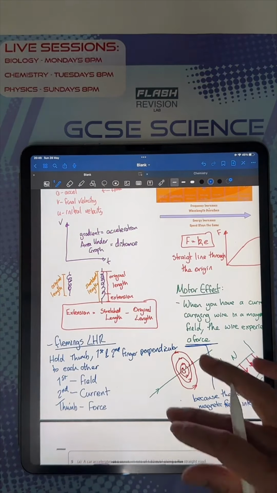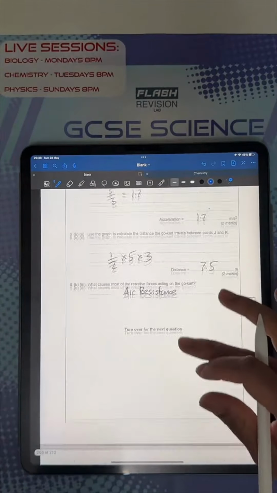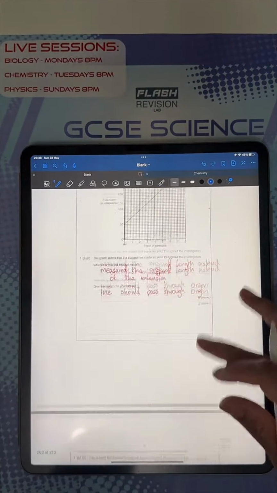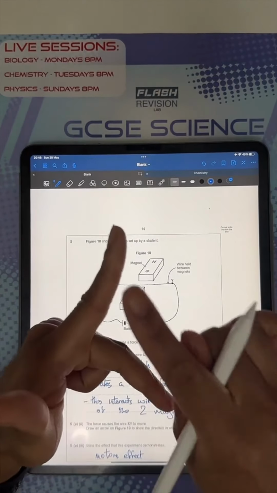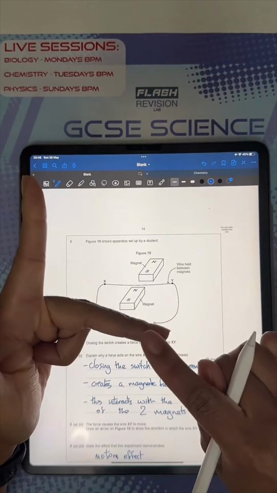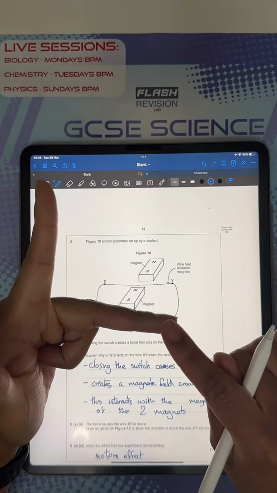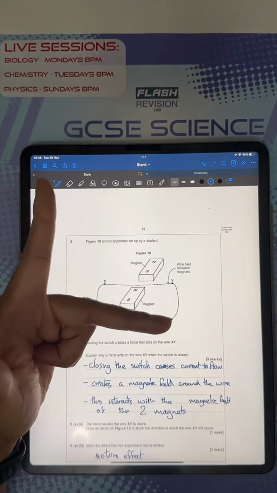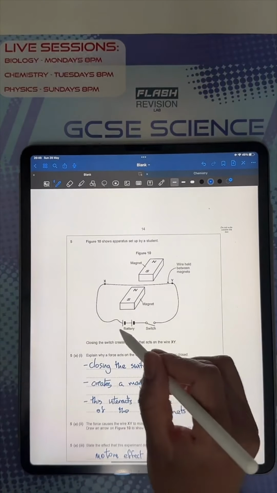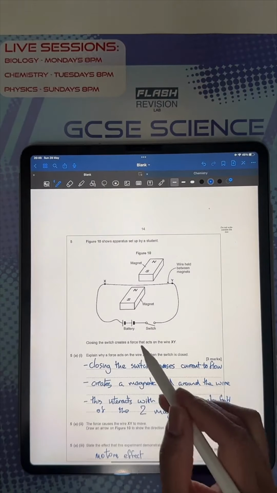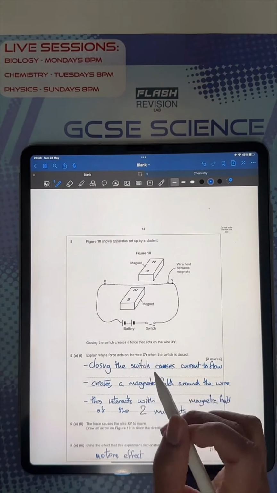Okay? So back to our diagram, let me show you how that works. First finger is the field, remember? Second finger is the direction of the current, and this is going to give you the direction the wire is going to move. So here, which way is the current moving first of all? You need to figure out which way the current's moving. We've got a battery here.